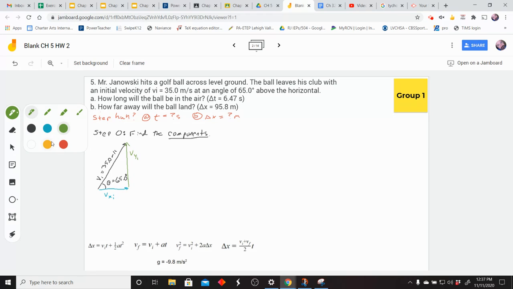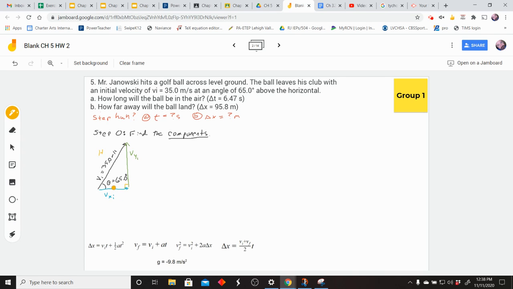All right, so next thing to do is we've got to label our sides. I'll use the yellow one. I never use the yellow one. So this is a right triangle. Here is my right angle in here, which means V initial is definitely my hypotenuse. This is the longest side. And then I need to figure out which of the other sides is A and which is O. It doesn't matter which one you start with. We'll start with V sub x initial.